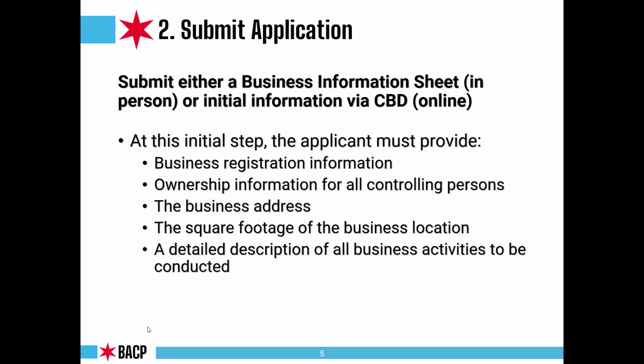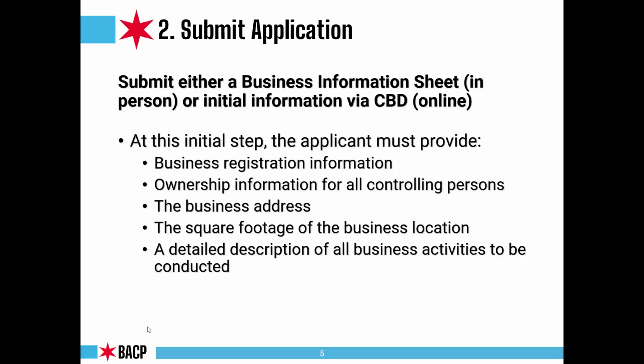We will also need a detailed description of your business activities, so what you plan on conducting at such address. And this is important because we want to ensure that we properly license you. What we don't want happening is you're not licensed for the activities you're taking part in, and at that point in time you're under-licensed.